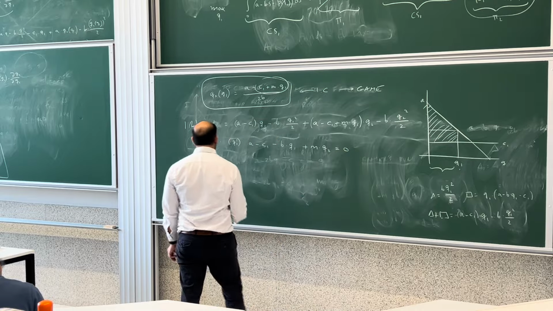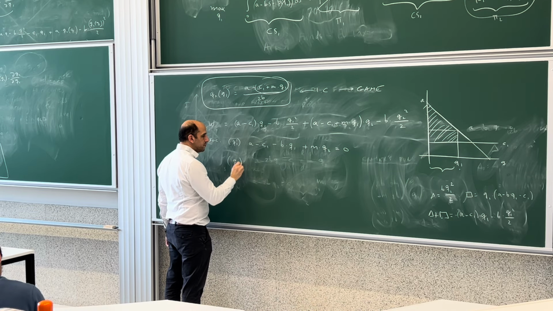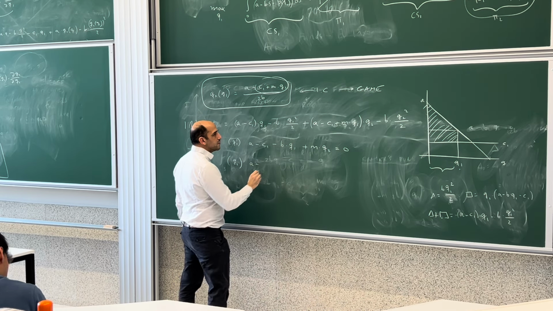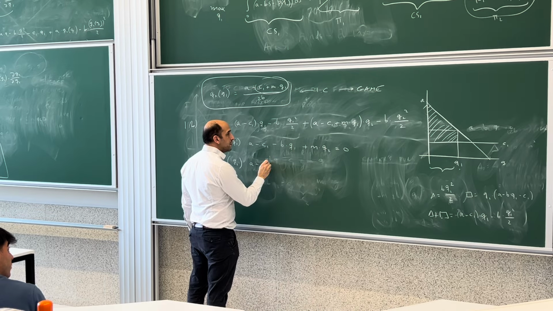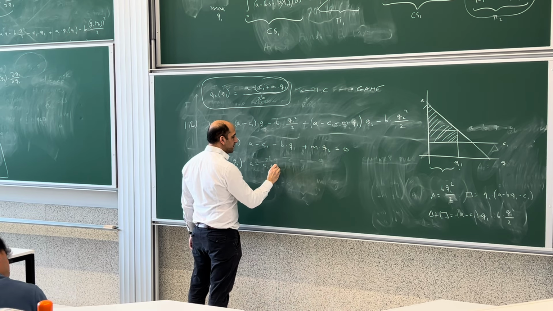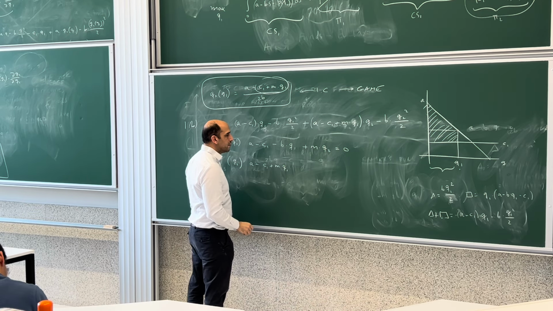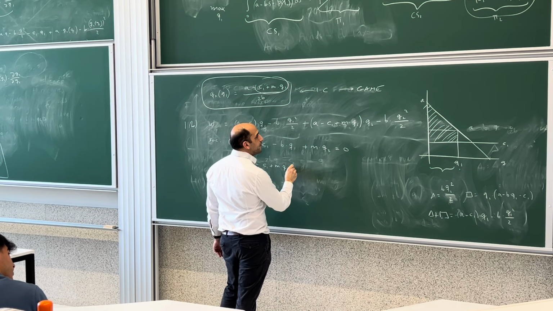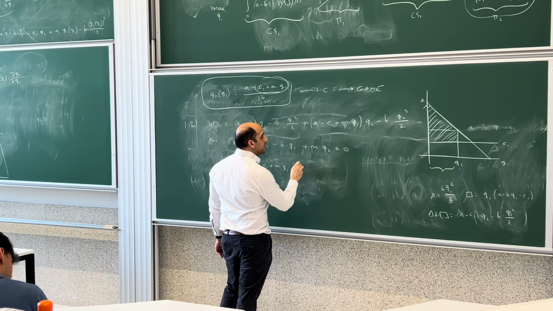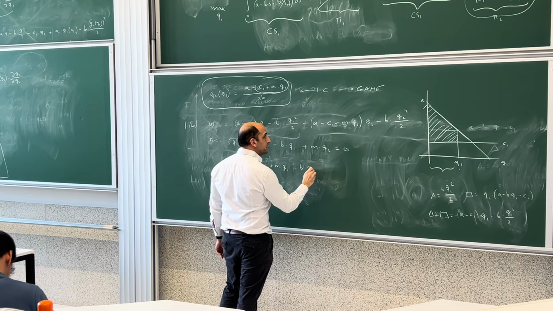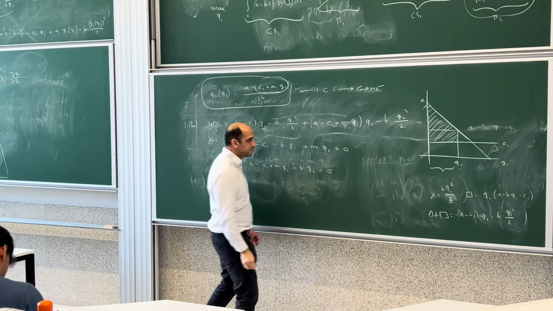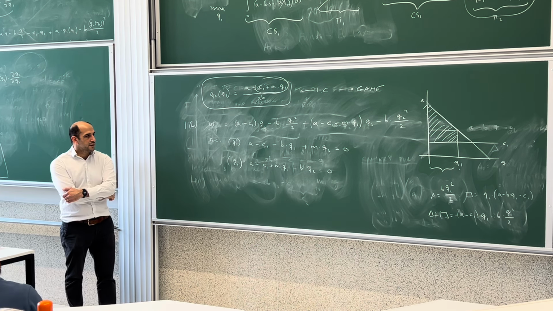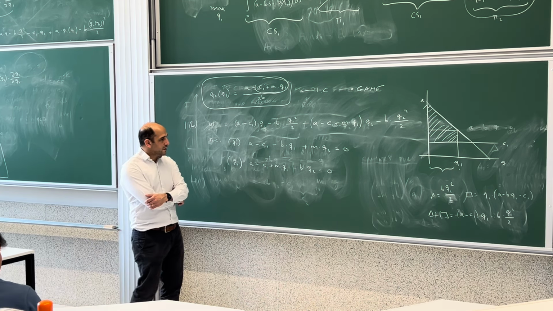And then with respect to Q2, we get A minus C1 plus M times Q1 minus B times Q2 equals 0. So those are the first order conditions.